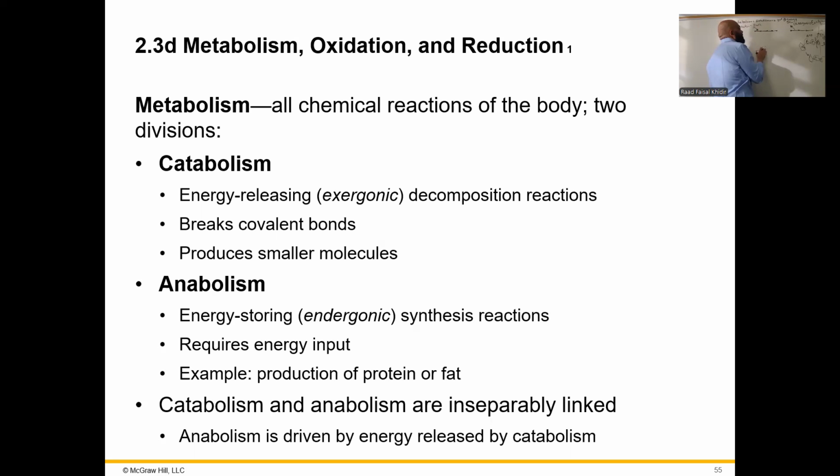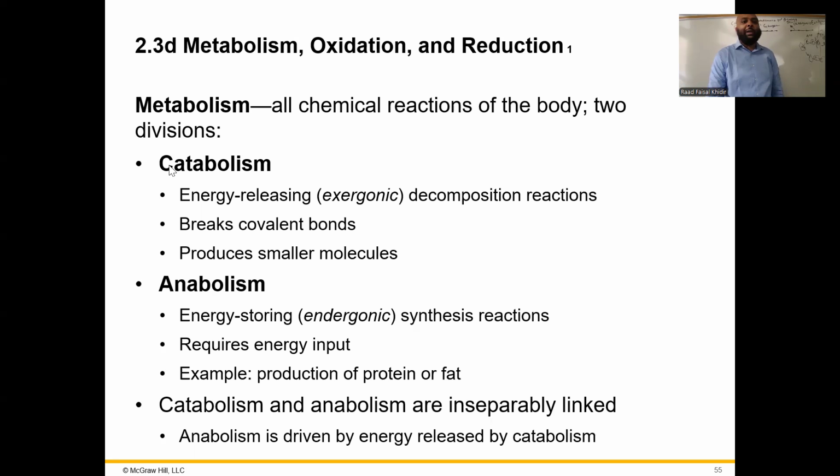And when energy enters into making these bonds, that is known as an endergonic reaction. So you must know that catabolism means breakdown, means gives us plus energy, that's exergonic. Anabolism means build up, means endergonic, means we consume energy. Clear? Any questions?